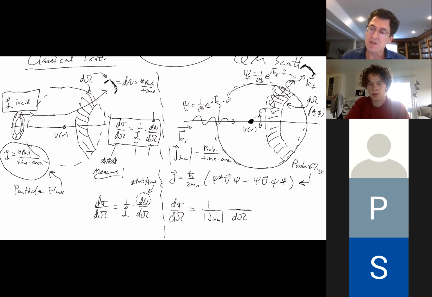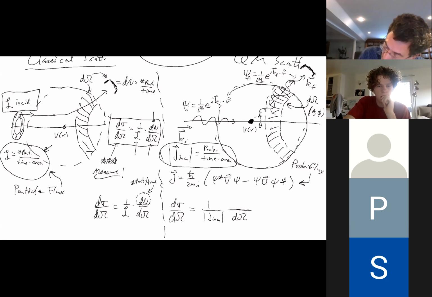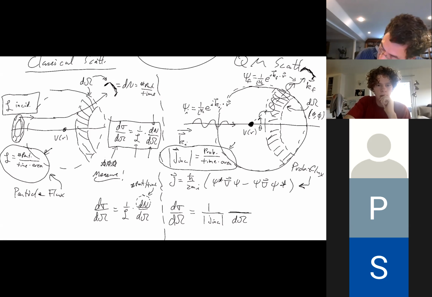What goes on top of this ratio? I replace the number of particles with what? What per time? You can see it right here. Look at the luminosity. What are the units of the luminosity, and what are the units of my J incident?